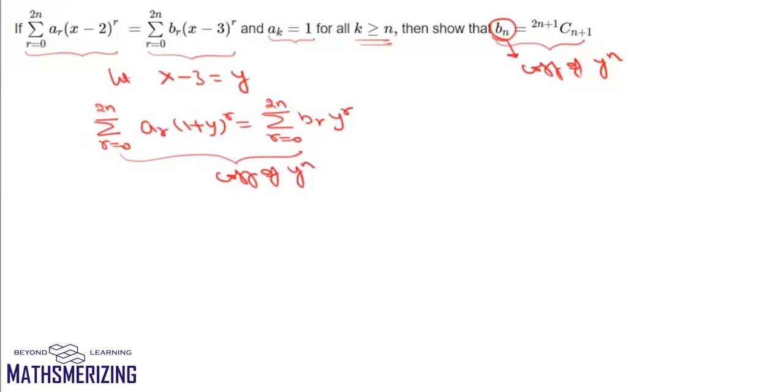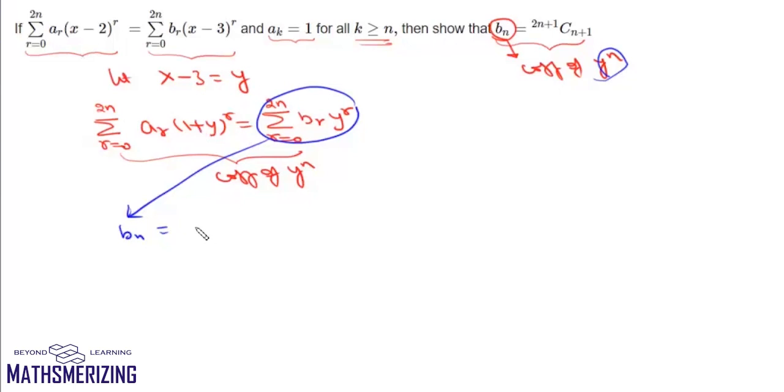Now the coefficient of y to the power n from the second series is simply bn. Now we need to find the coefficient of y to the power n from the left hand side. Now from the left hand side we know that we won't get y to the power n in any power which is less than n.